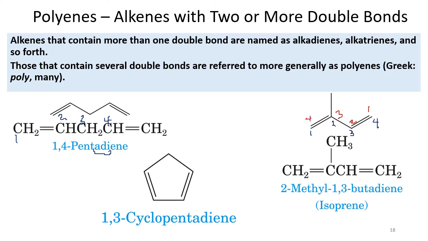So counting either way, we have a double bond with carbon 1, so that's a tie. But we break the tie if we start counting from the left because we run into the substituent faster if we start counting from the left, and that's why it's 2-methyl-1,3-butadiene and not 3-methyl-1,3-butadiene.